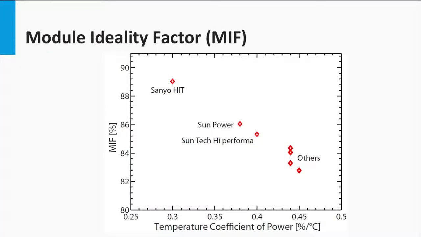The following graph shows the spread of a few of the common silicon-based modules based on their module ideality factors and the temperature coefficient. These numbers have been calculated after modeling the temperature effects of these PV modules for the ambient conditions in the Netherlands in the year 2012. The Sanyo HIT module shows the highest module ideality factor owing to its low temperature coefficients of power.